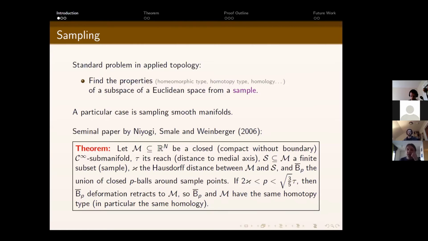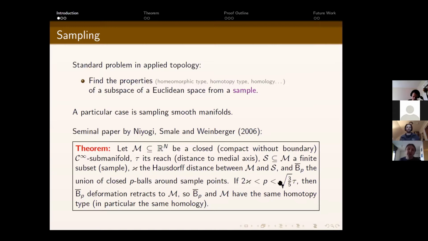And then if you satisfy these criteria here, specifically you take your sample, you expand the sample points to balls of size p, and so long as p is in this interval, where kappa is the Hausdorff distance between the manifold and the sample, intuitively this just means that you have a guarantee your sample is good enough that every point on the manifold has a point in the sample which is at most kappa away.